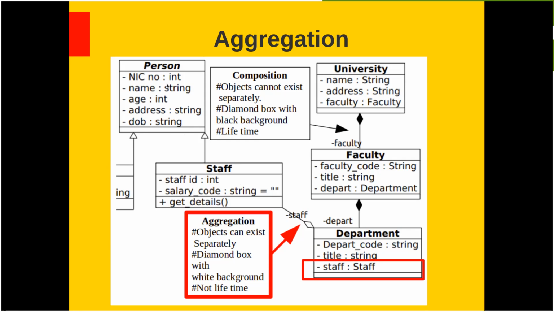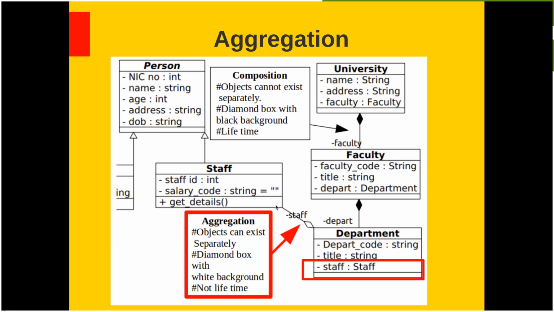Staff is a person, so that becomes inheritance. Aggregation means a department has staff, thus a has-a relationship. These objects exist separately. The department and staff are separate, but there is a relationship between staff and department.